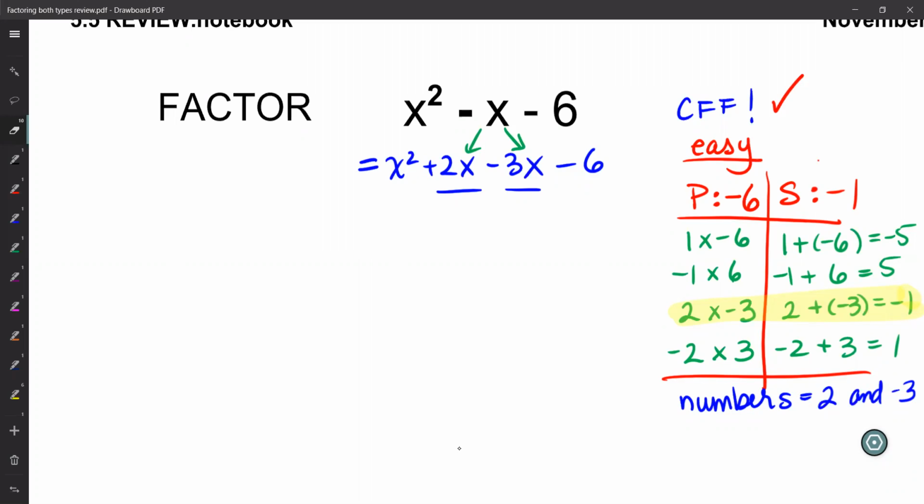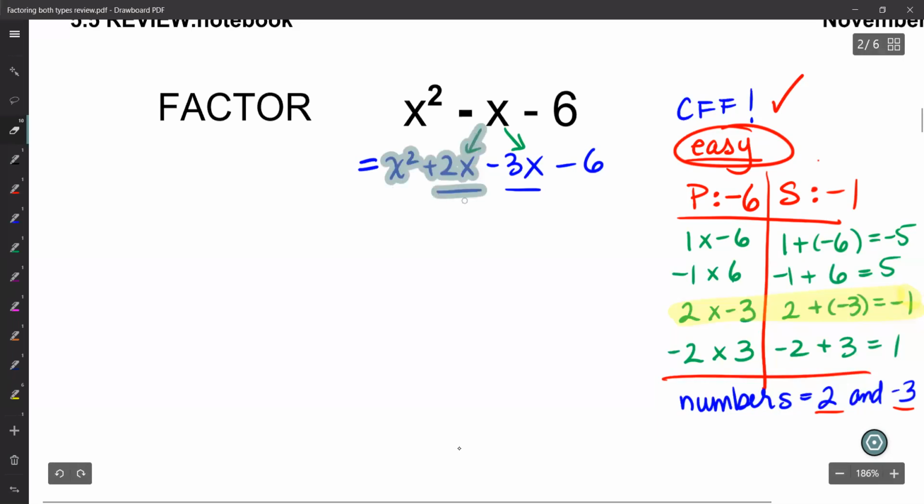This is easy factoring though, right? How do we do easy factoring? Once I find the two numbers, I should have my brackets right away. Somebody tell me what those brackets would be. Charlotte? Would it be x plus 2 and x minus 3?